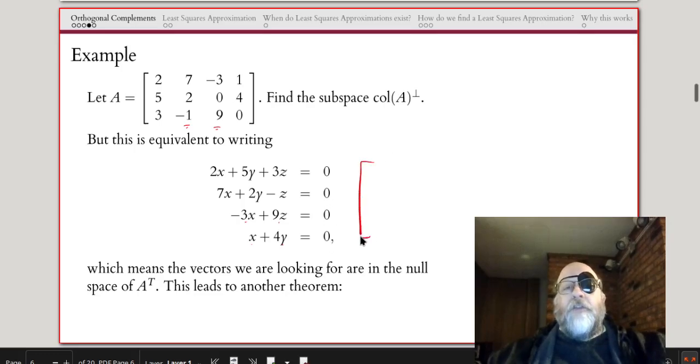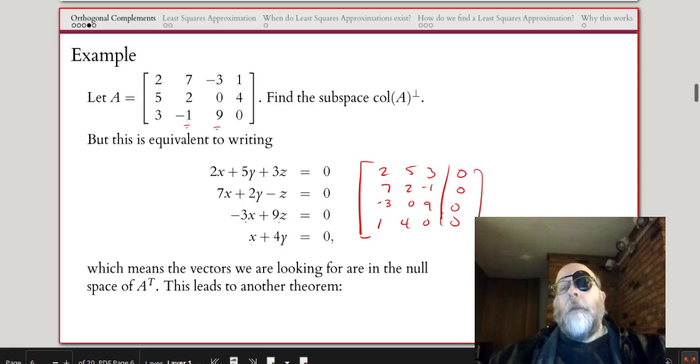But that is just this system. I'm writing this out as an augmented matrix now. The right side is all zeros, so it's a homogeneous system.